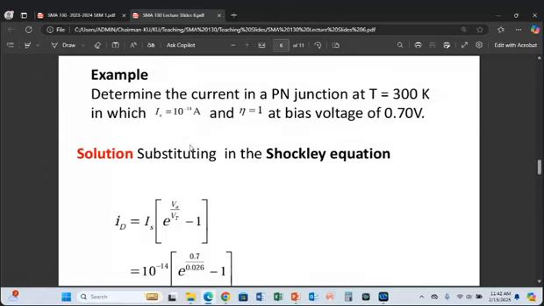Now look, there is an example there. Akod, can you read that example? Determine the current in a PN junction at temperature 300 Kelvin, in which reverse saturation current is equal to 10 raised to power negative 14 amperes, and eta is equal to 1, at bias voltage of 0.70 volts.